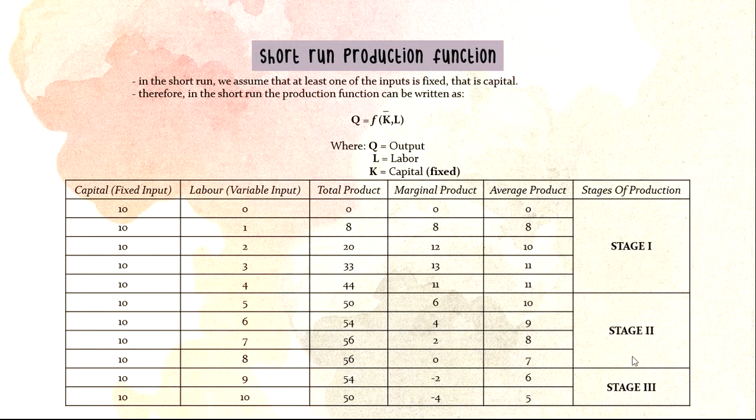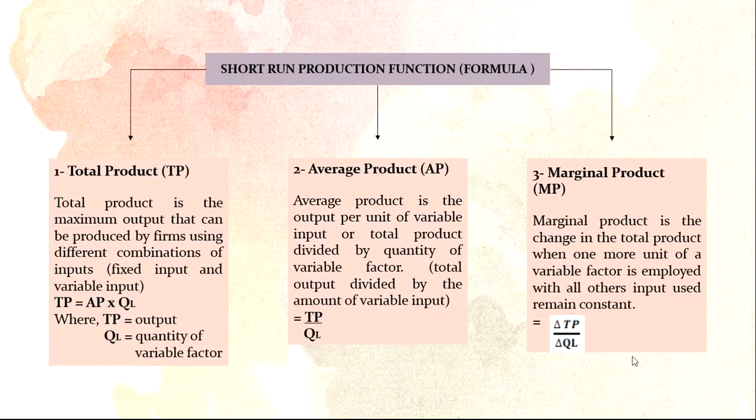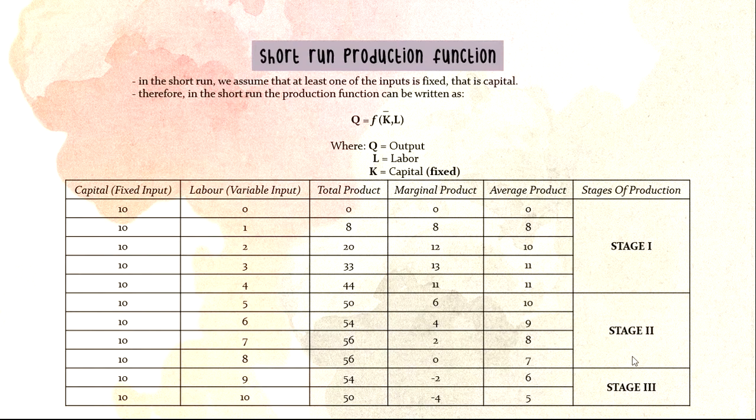We must multiply the average product by the quantity of variable factor, which is the variable input, labor. The average product is 8, and labor is 1. So we multiply 1 with 8, and we get the total product 8.